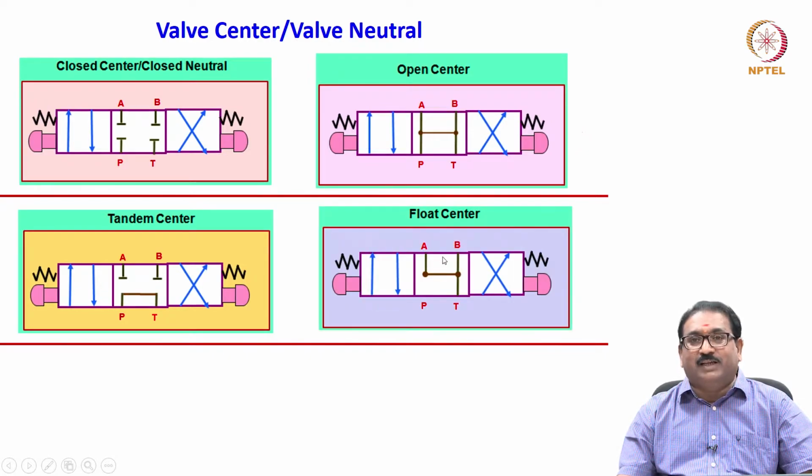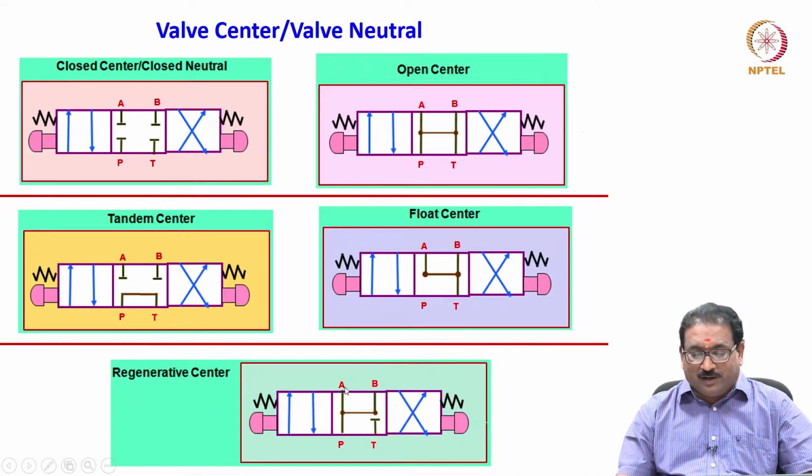Then one more possibility, many possibilities are there, correct? You see A and B are connected to tank, P is blocked. Then it is a float center. Then one more combination, A and B connected to P, T is blocked. This is known as regenerative center.